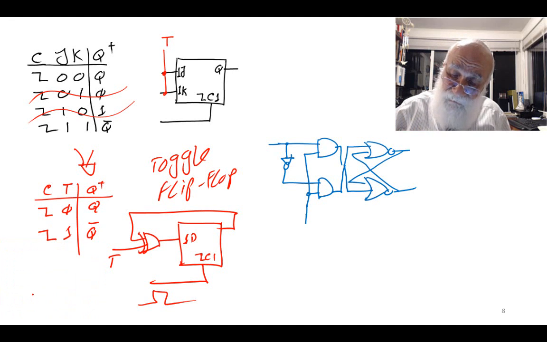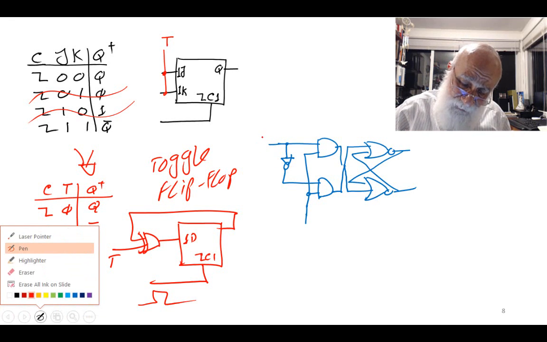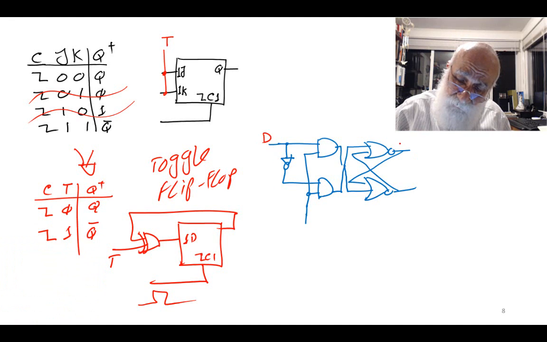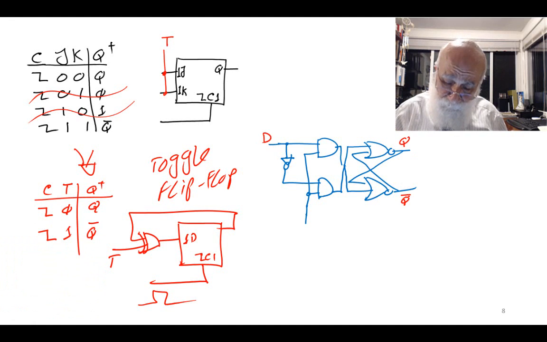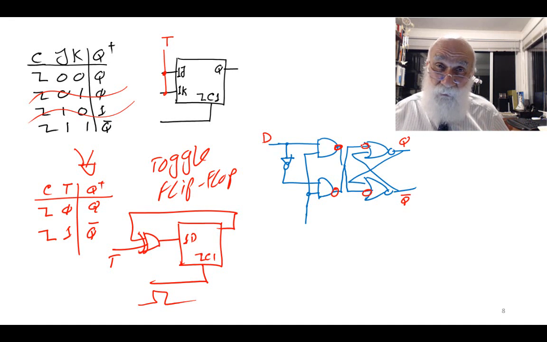I like to change this to all NAND. Remember, this is D, this is Q, and this is Q bar. To turn this circuit into all NANDs, I put a bubble right on this output. That becomes NAND, but then I have to make up for it by putting a bubble here. The two gates on the output are half NAND.